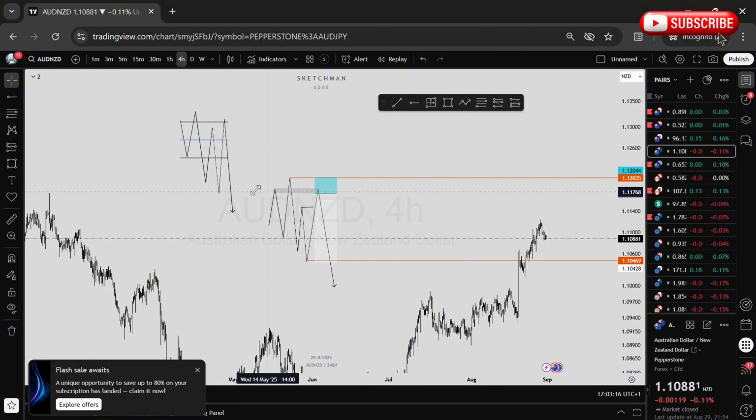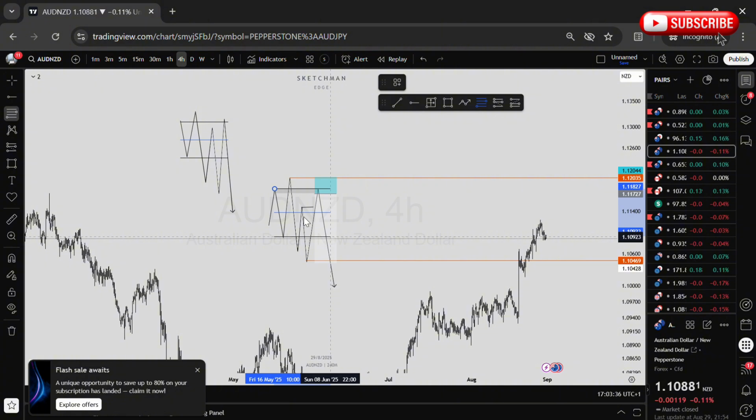And yeah, about the Fibonacci tool I told you guys, for you to be fully interested in this setup, you need to mark the initial high to the low right here.